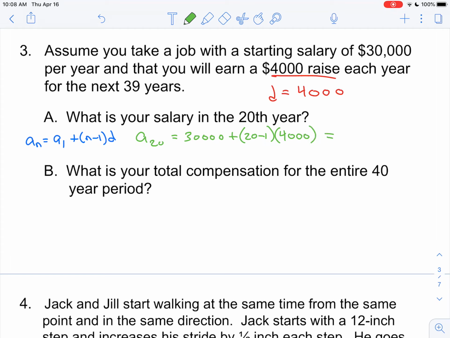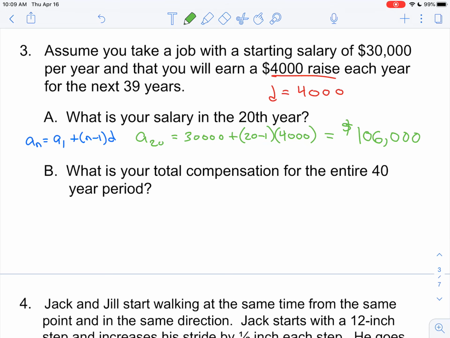So I would just go straight to the calculator. I'm not even going to change colors. We're going to stay green and type that in. And you can check it out: $106,000. So if you compare that to the previous problem, this is a better value at that job, because that was only $63,000.